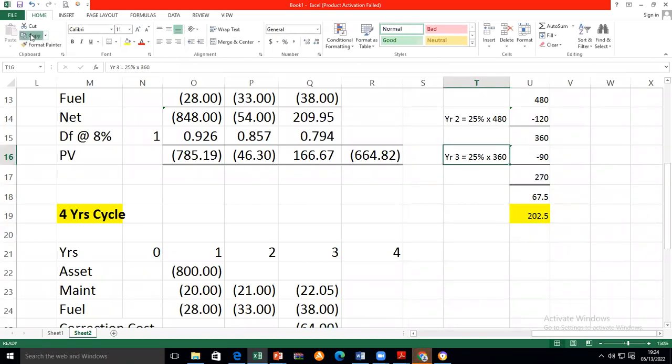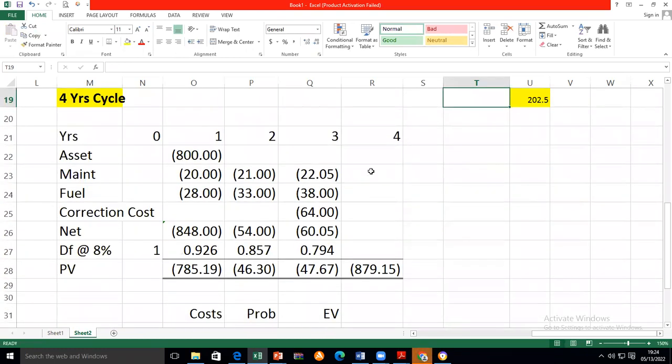Have we all followed? Yes. So that's 25% of 270. There we go. That's the midway. So 202.5.